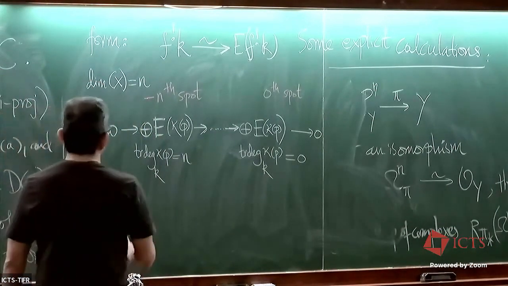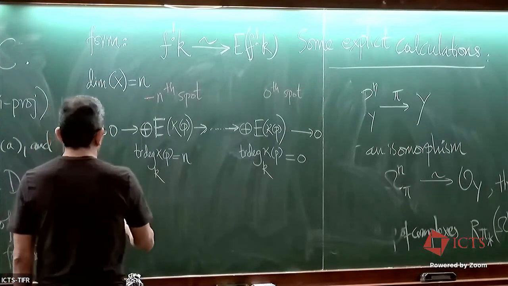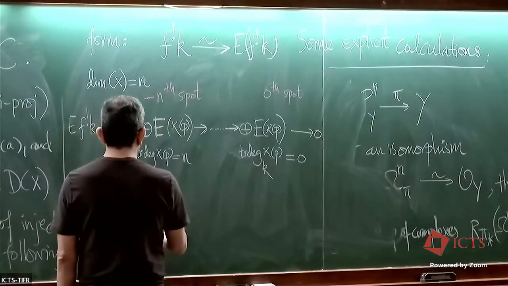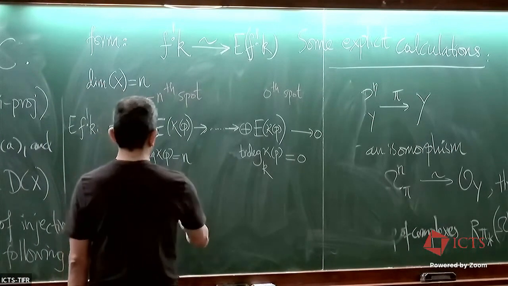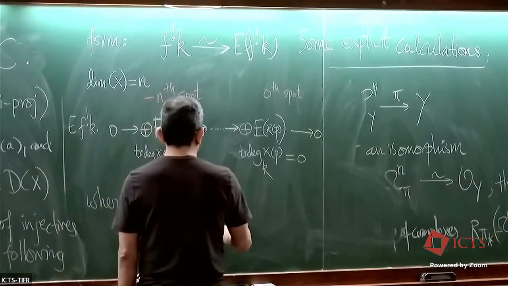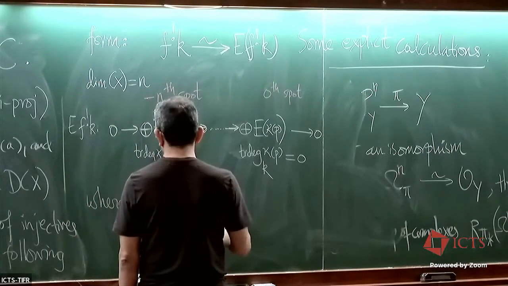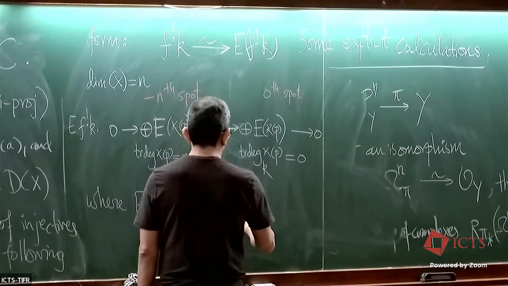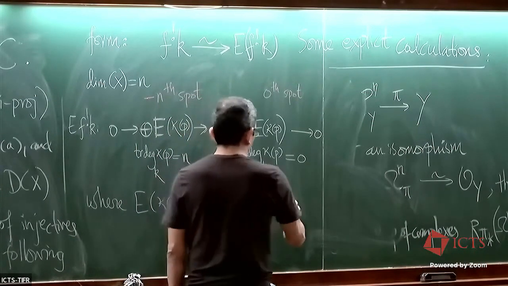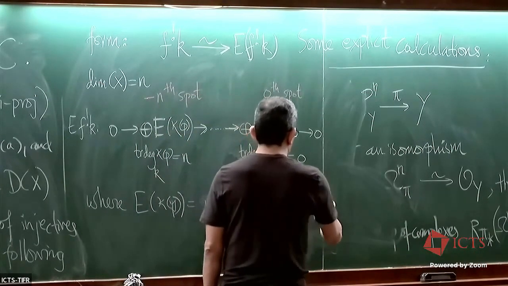So again, just to write it out, E(kappa(P)) is equal to the injective envelope, or injective hull, of the residue field kappa(P).